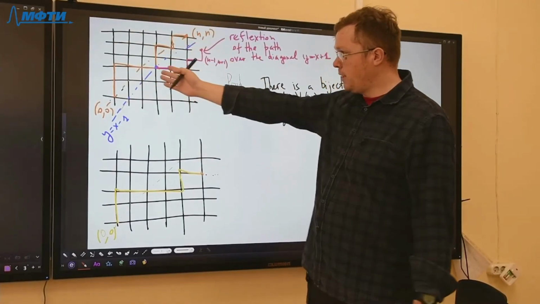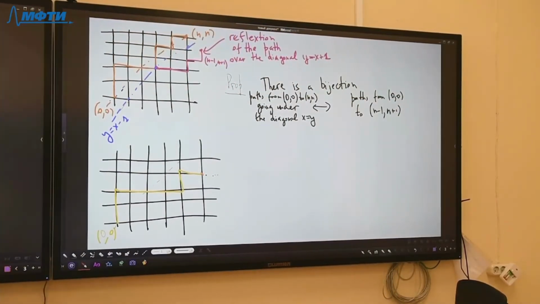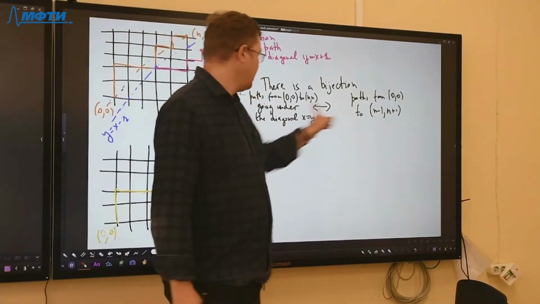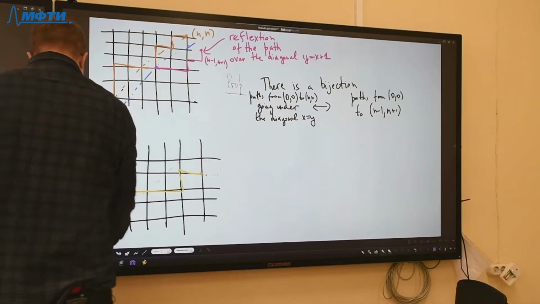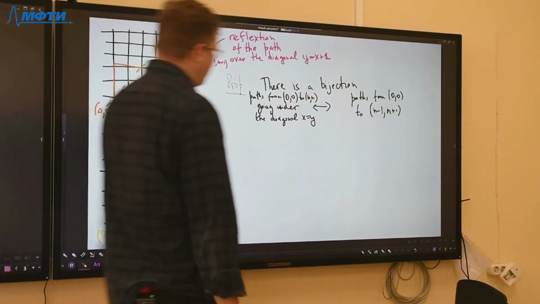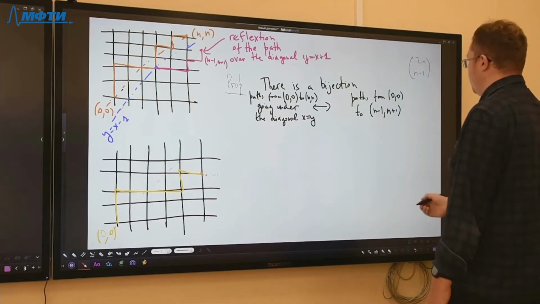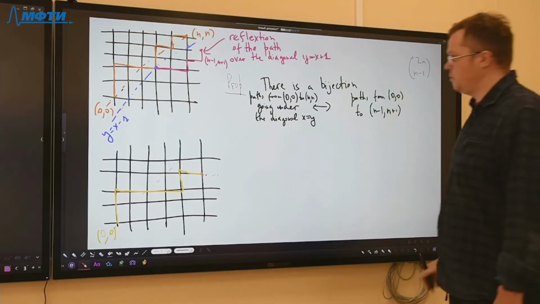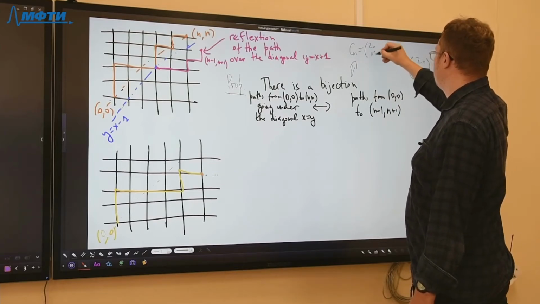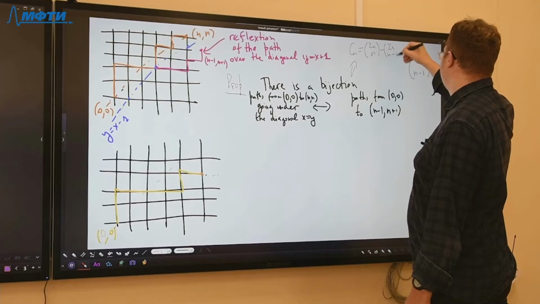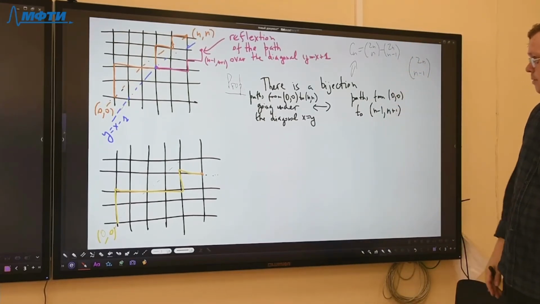So we need to calculate this, and we don't have a formula for it. But if I prove that this is a bijection between these two sets, I know how to calculate the paths from 0, 0 to n minus 1, n plus 1. This is just another binomial coefficient, 2n choose n minus 1. And if I prove this, then I will prove that Tn is just 2n choose n minus 2n choose n minus 1.